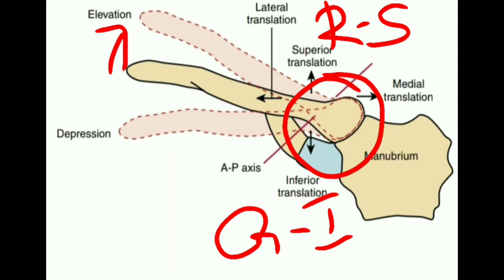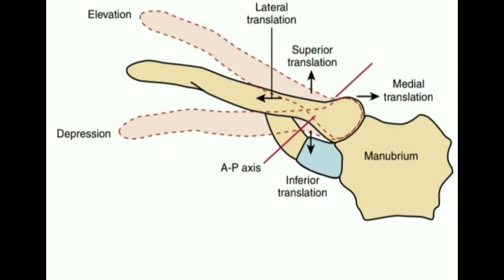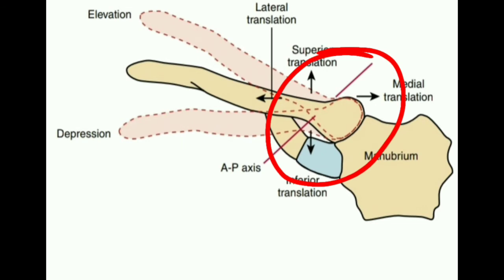Do you understand? This happens because here we are applying the concave-convex rule. The clavicle articular surface in the medial end is convex and the manubrium is concave. So here the arthrokinematics and the osteokinematics will be opposite to each other.